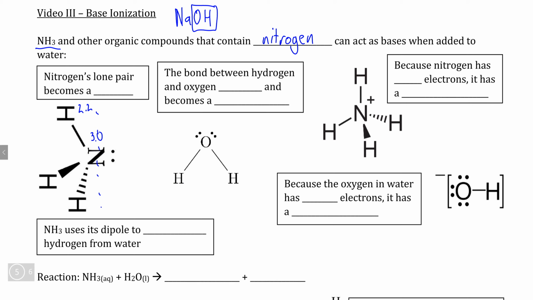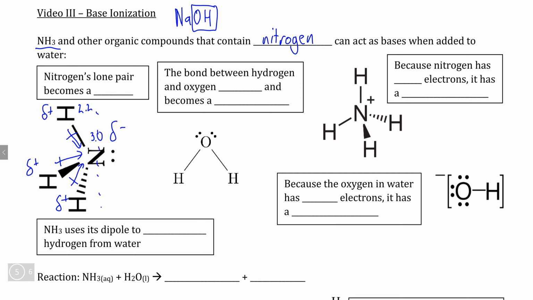Therefore, because of the electronegativity difference and because of the movement of electrons in all of the bonds in ammonia to nitrogen, nitrogen is going to be the negative side of this molecule, and each of the hydrogens is going to have a positive pole.